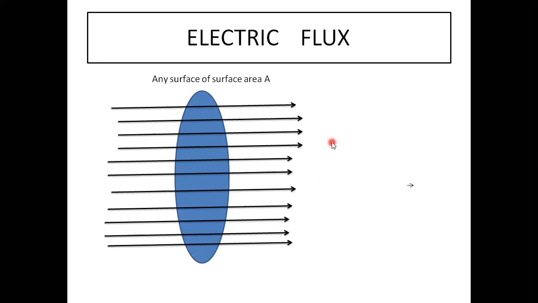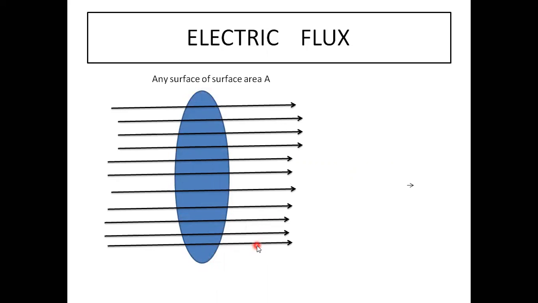And if I allow some field lines to pass through this surface, and if it is asked how many field lines are passing through this circular surface, then by looking at the figure and counting the field lines, we can tell how many are passing normally through this surface.